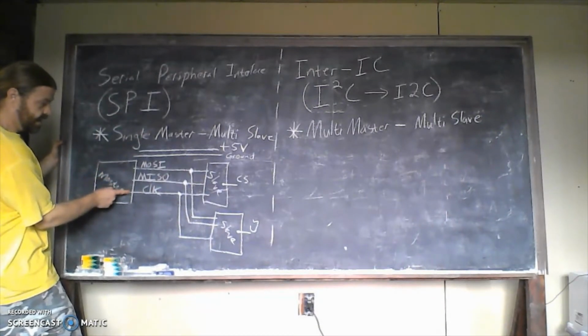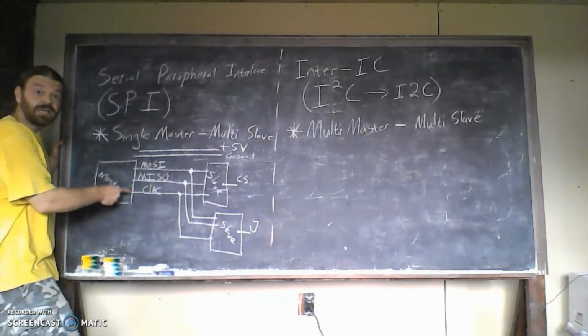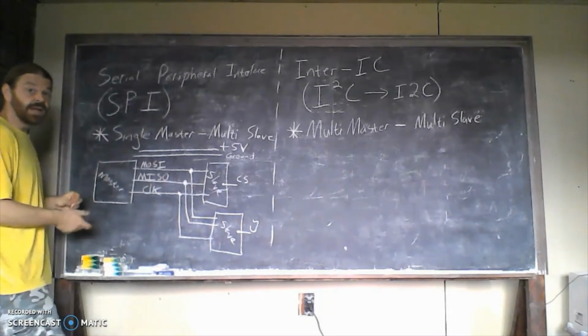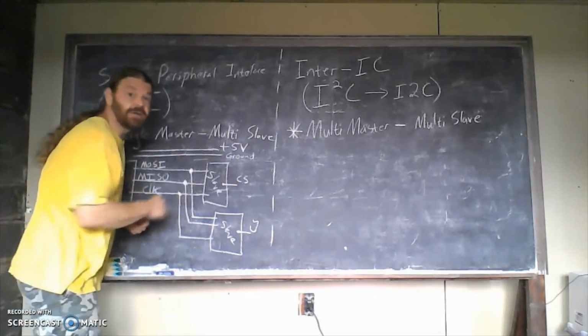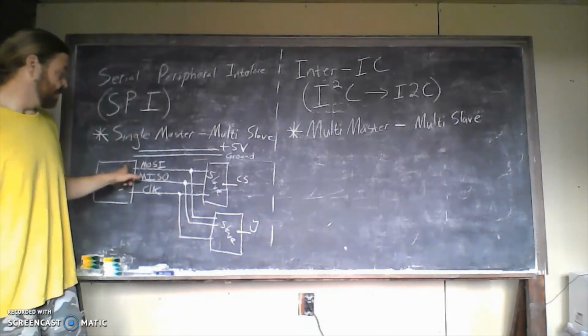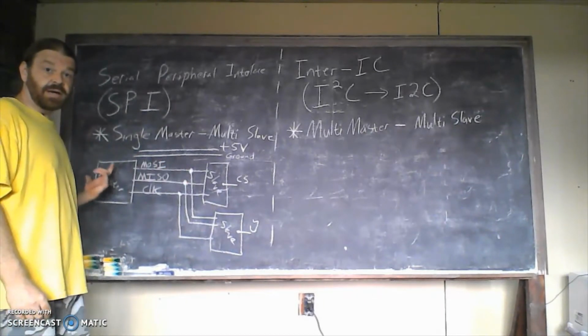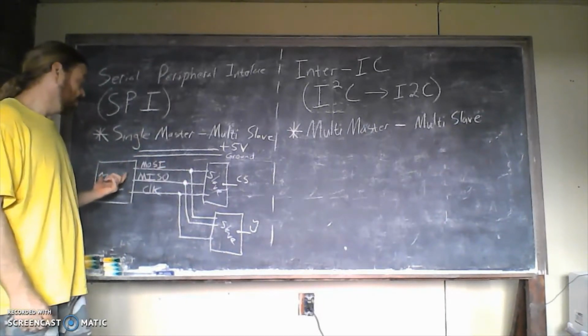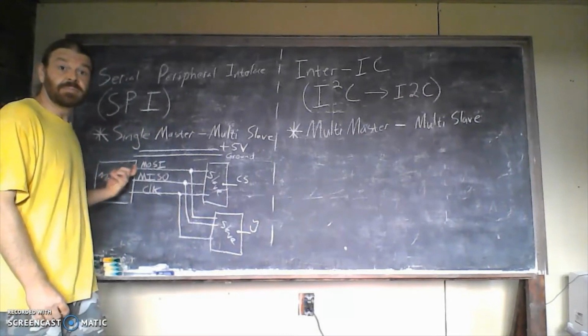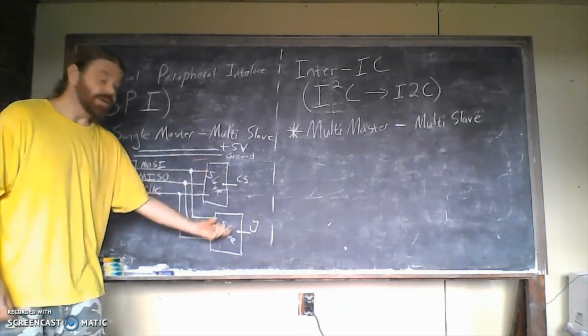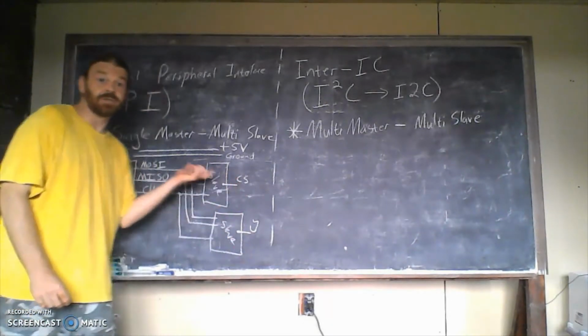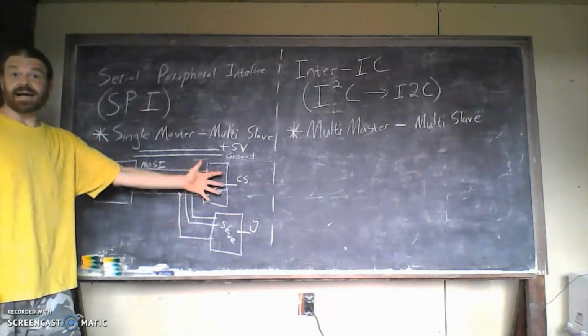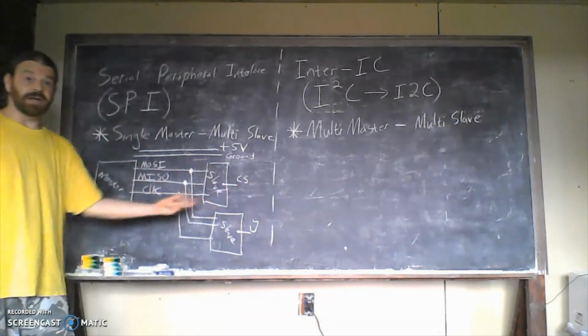And to send or receive communication, it goes across the entire line. So on this MOSI line, when the main controller needs to do something on one of the slave processors, it sends out the entire instruction to everything.